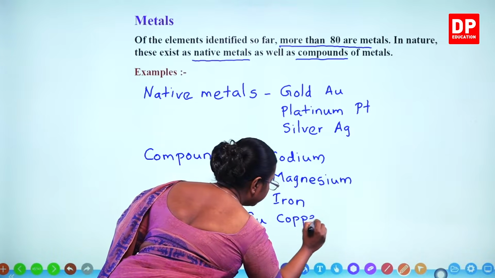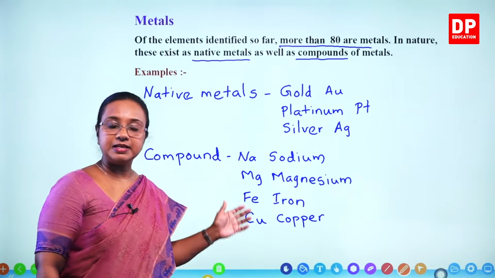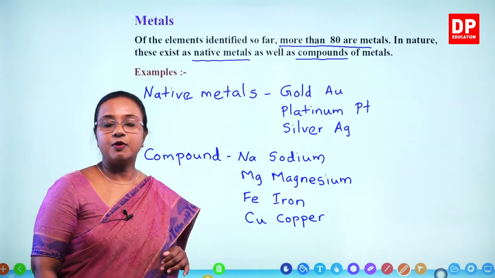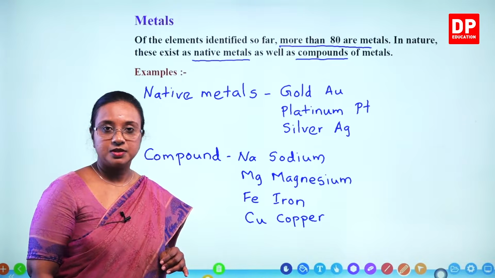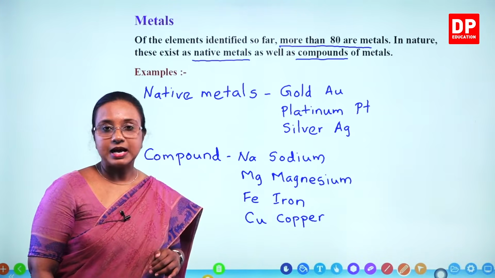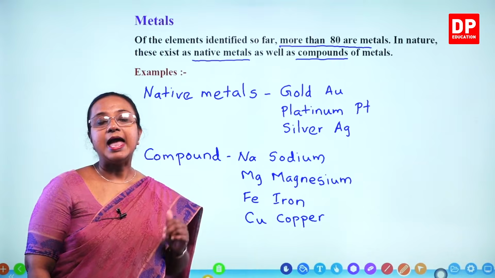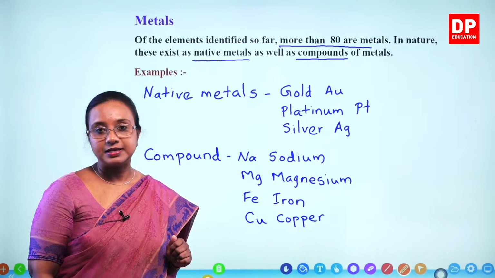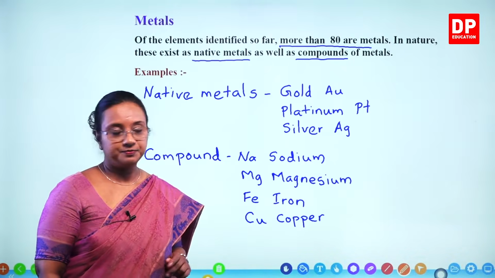These are a few examples of metals that exist in the form of compounds. Now we will discuss the physical and chemical properties of metals in more detail.